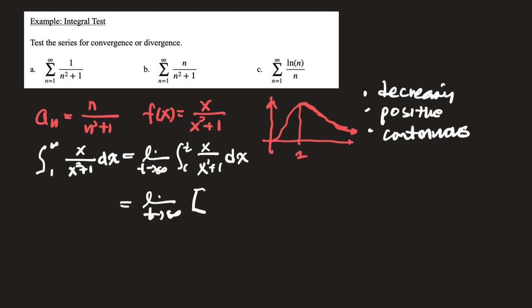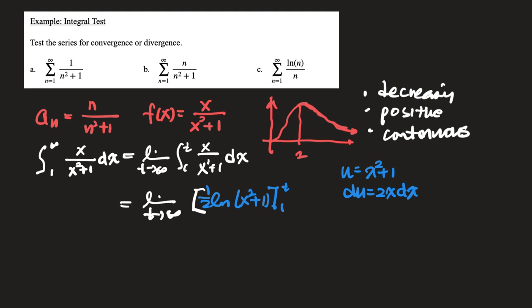Find the antiderivative using u substitution: u is x squared plus 1, du is 2x dx. Then plug it back, so we get 1.5 ln of x squared plus 1, evaluated from 1 to t.